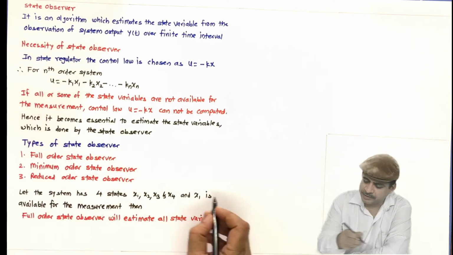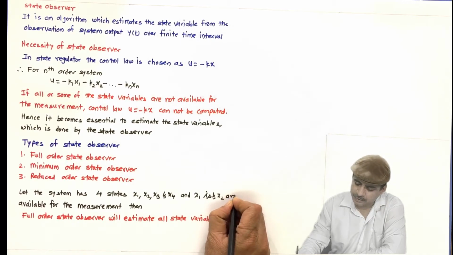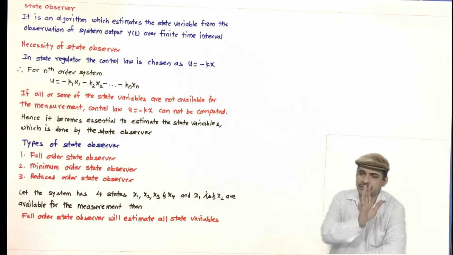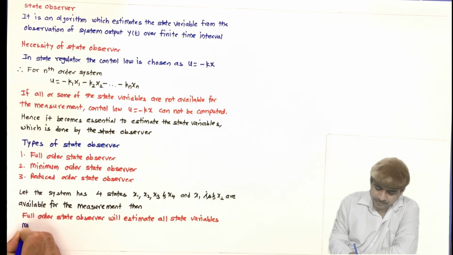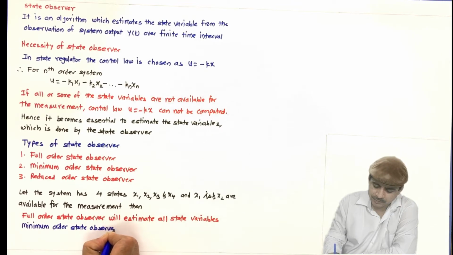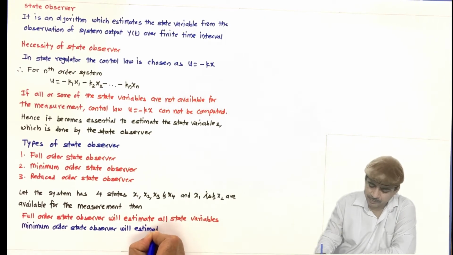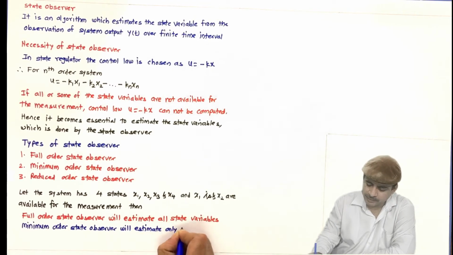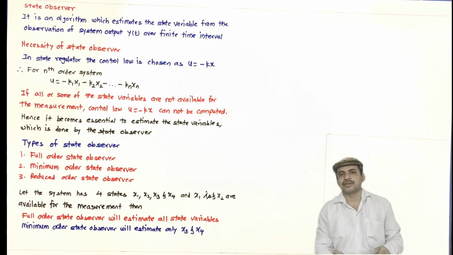And let us make one change, x1 and x2 are available. Then minimum order state observer will estimate only x3 and x4. Why? Because x1 and x2 are available for the measurement.